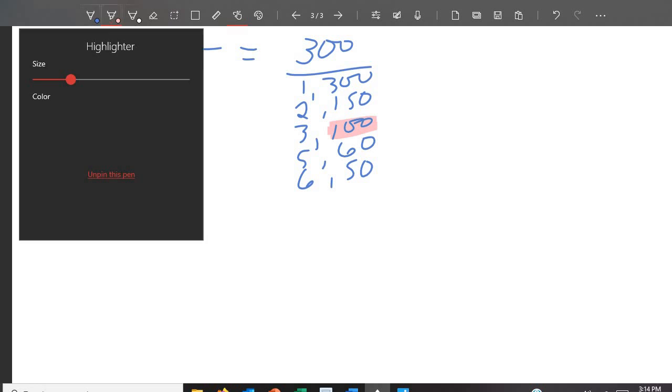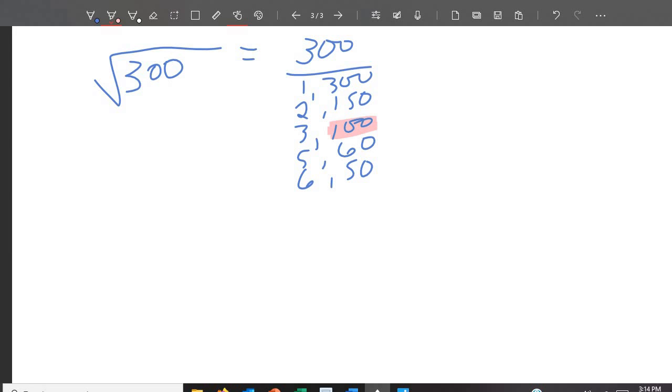If I keep listing these, what's it going to be? 8 doesn't go in there, 9, I know 10 goes in there 30 times. 12 goes in there, 13, 14, 15 goes in there, how many times? 25, I think. No, not 25. 20. 15, I don't think that goes in there evenly.